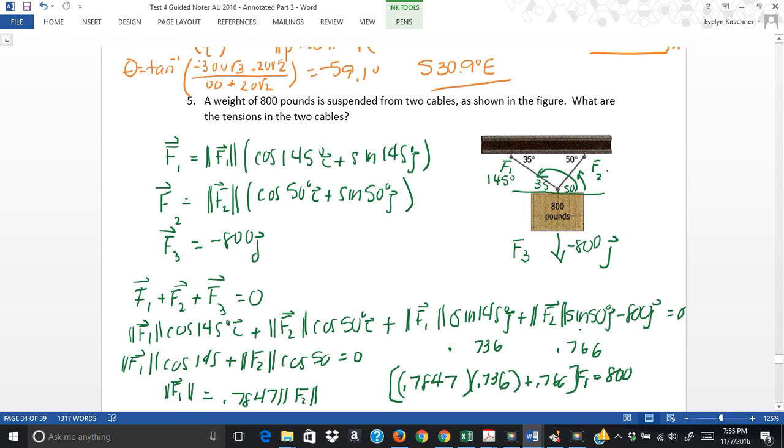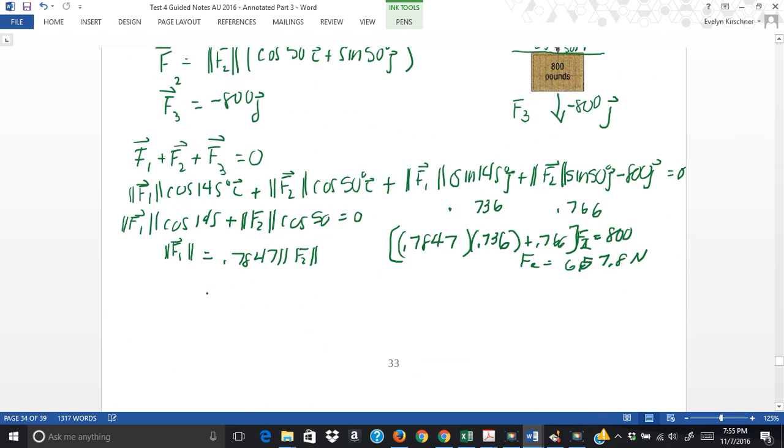And I bring that 800 over. So that tells me that F2 is 657.8 newtons. So this one is 657.8. If I do the math, I divide 800 by this amount. And then I plug that in for F1.